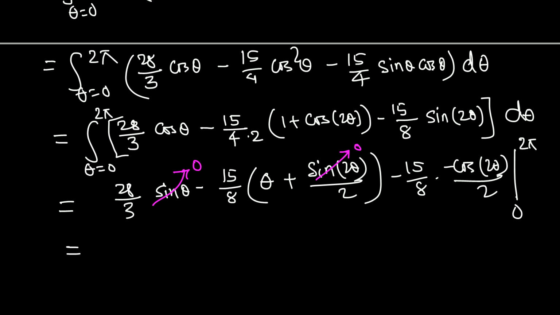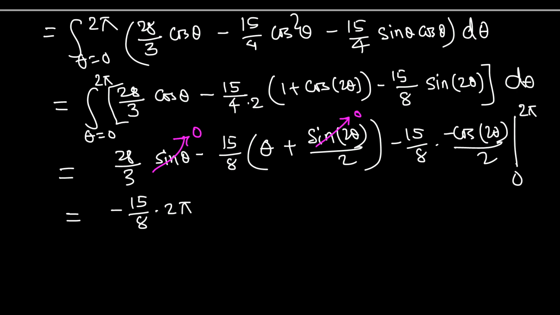So let me start writing. Upper limit makes 0. Here is negative 15 over 8. Here is 2 pi. This part is gone, but 2 pi times 2 pi minus 15 over 8. This negative, negative, positive 15 over 8 cosine 4 pi.